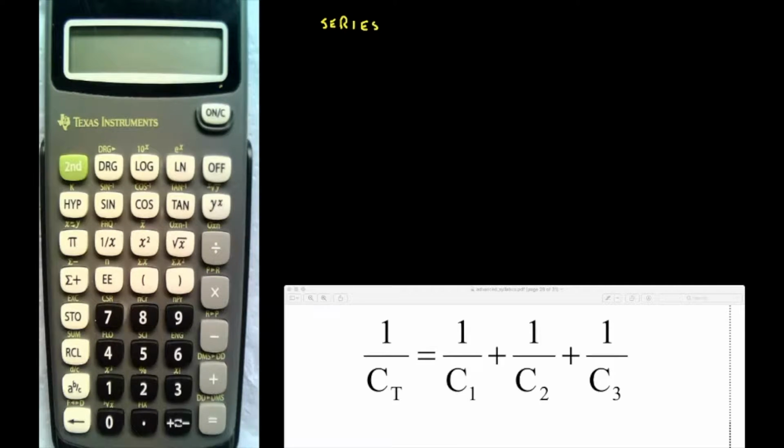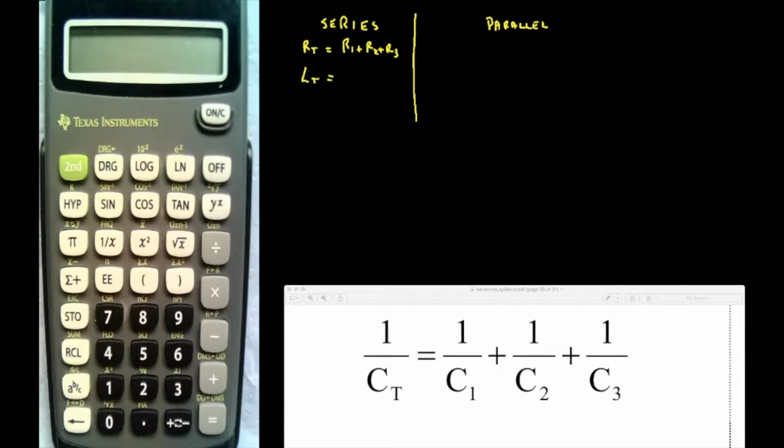Let me just do two columns here. So you have resistors: RT is equal to R1 plus R2 plus R3, etc. Inductors, remember inductor we use the symbol L for inductance.